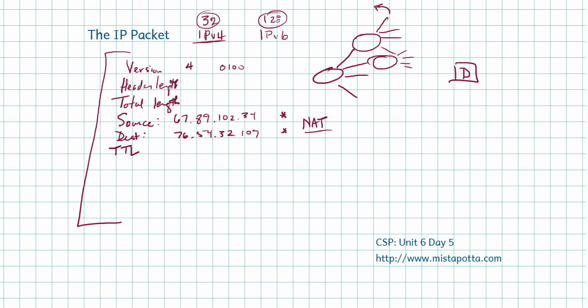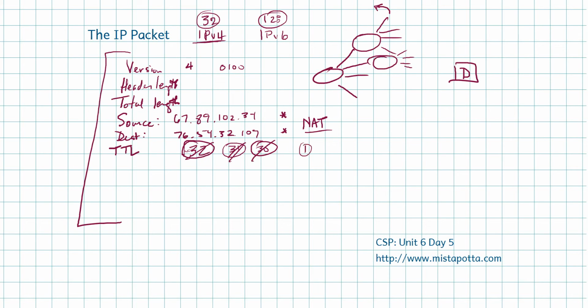So I need to make sure that if this packet has been in the network for too long, it just dies. And so the idea is that I'm going to keep track of some number here, and then every time it gets transmitted, it's going to be changed by whatever server it's passing through. It's going to be deducted by 1, basically a countdown.